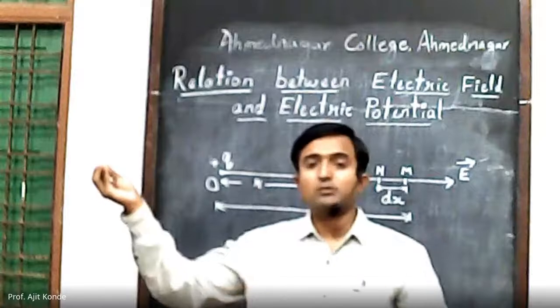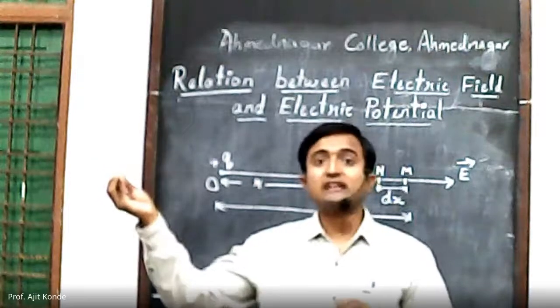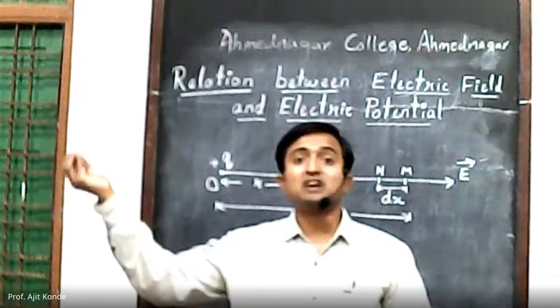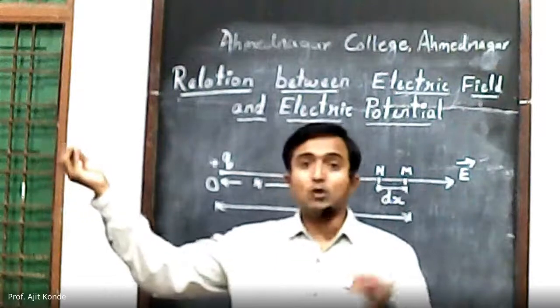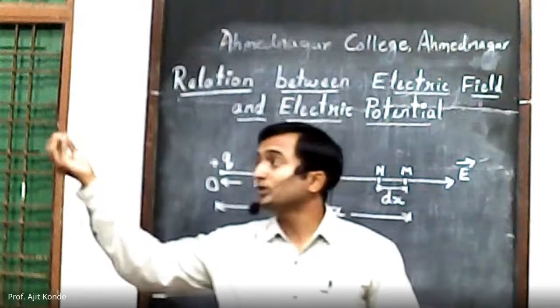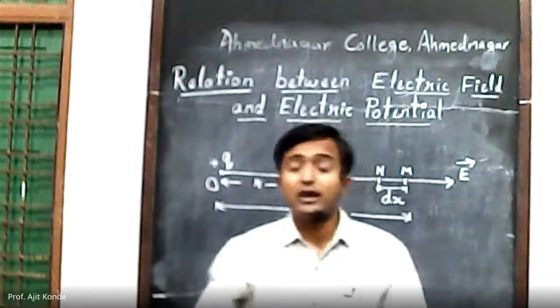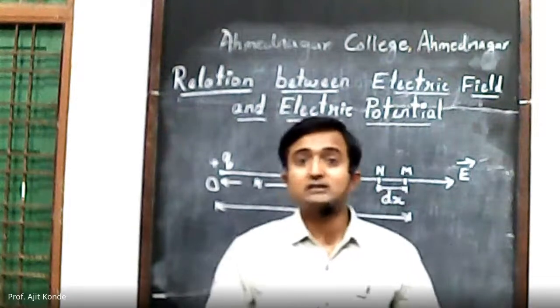But whenever we say electric potential, we have a unit positive charge. The amount of energy required to move the unit positive charge from infinity to that point is called electric potential. And what is the unit for electric potential? Yes, correct. That is volt.